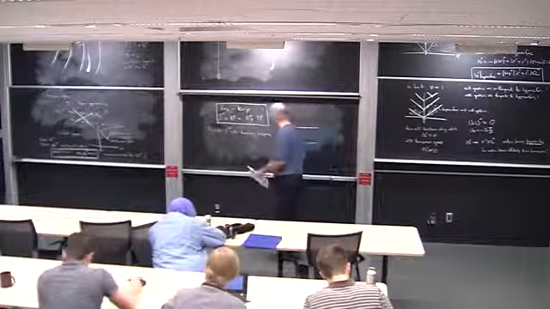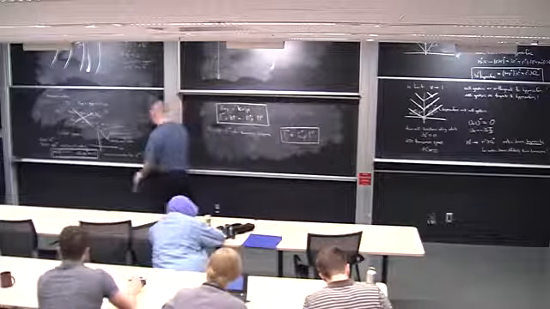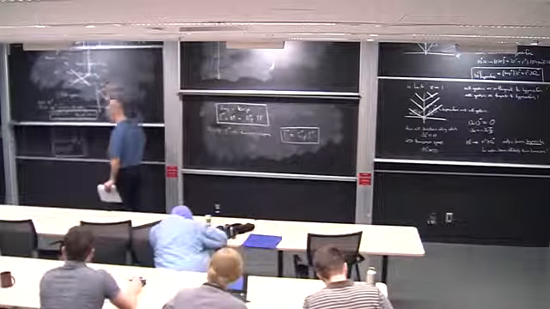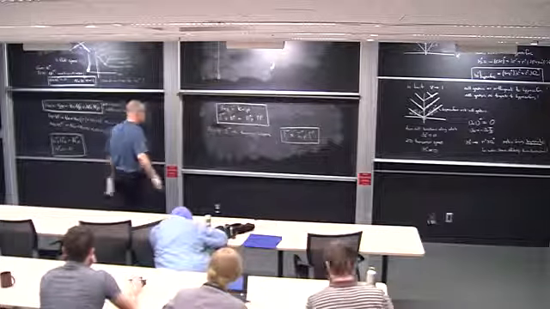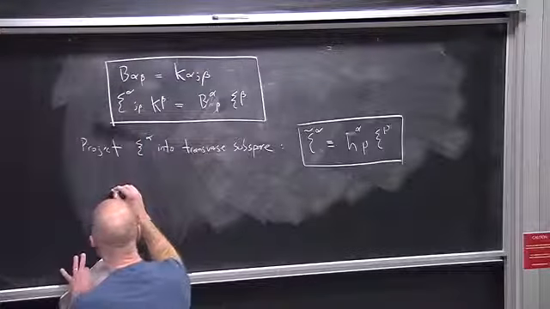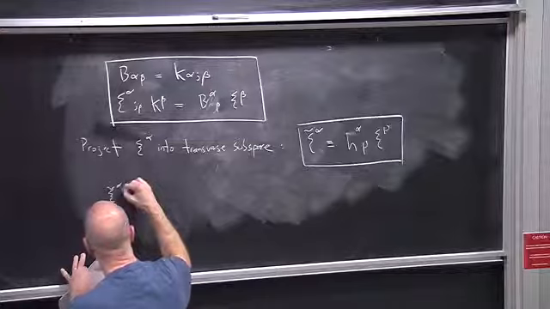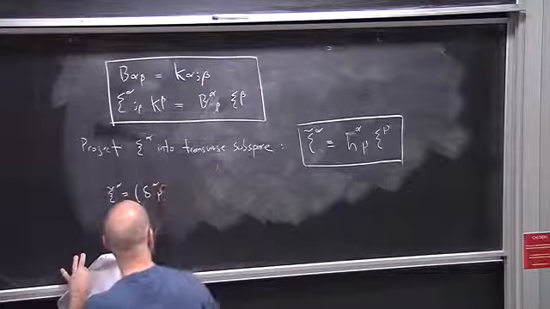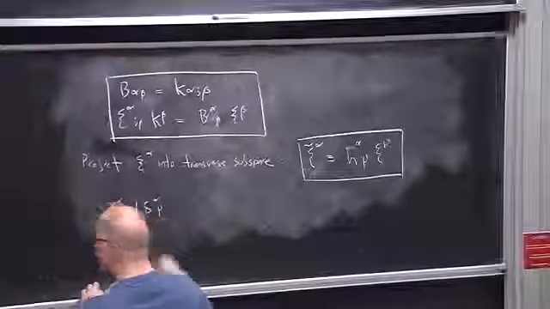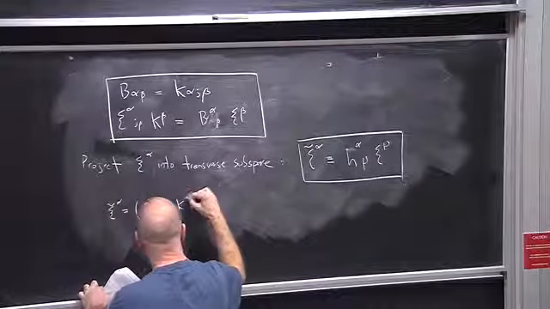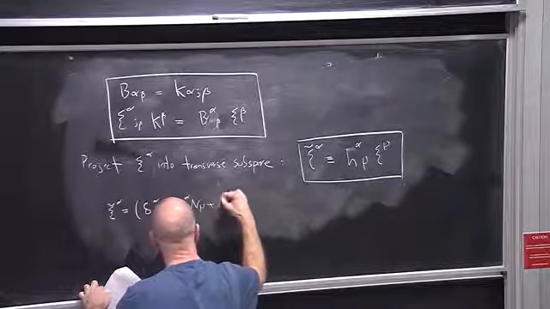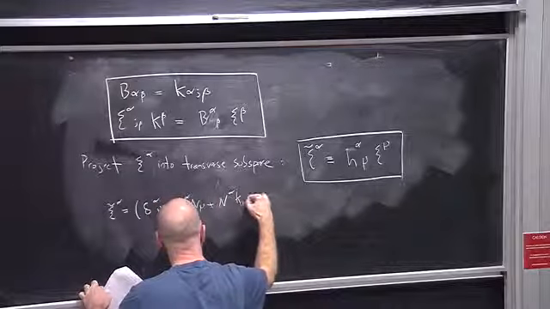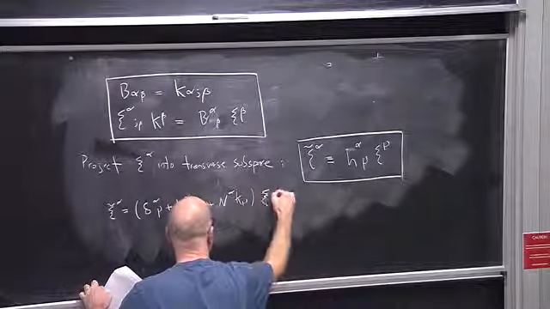So more explicitly, I can just plug in the definition for h that I buried somewhere. I get the metric, which in this positioning of the indices is just the Kronecker delta. I get k alpha n mu. I get n alpha k mu. And I get xi.